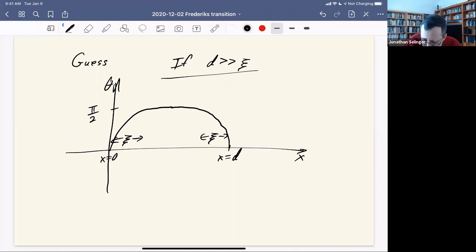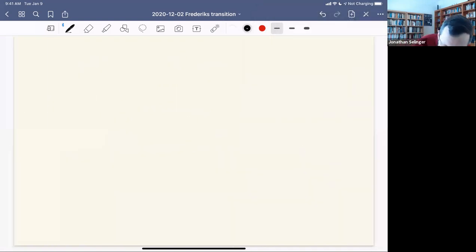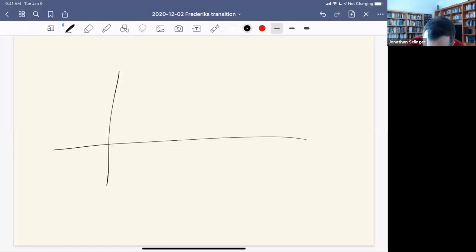Okay. Well, what if d is not much greater than psi? What if d and psi are sort of similar? Okay. Well, in that case, it's more complicated, right? In that case, if d and psi are similar, maybe d is smaller or psi is bigger.